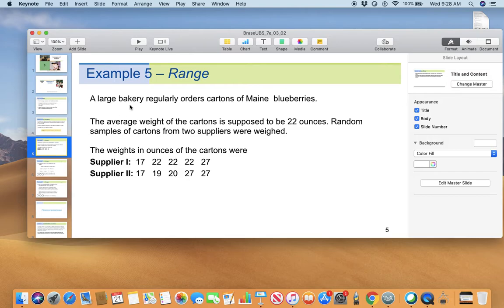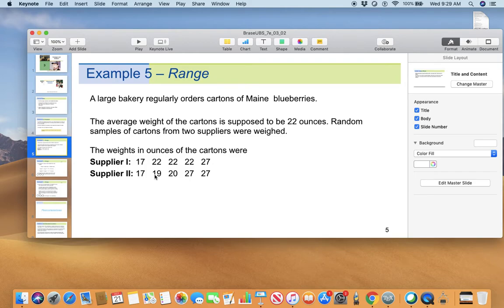Example. A large bakery regularly orders cartons of Maine blueberries. The weight of each carton is supposed to be 22 ounces. Random samples of cartons from 2 suppliers were weighed. The weights in ounces of the cartons were, for supplier 1: 17, 22, 22, 22, 27.